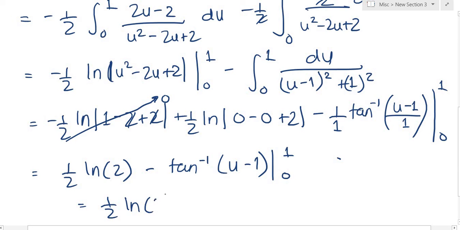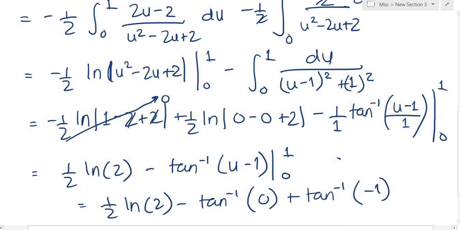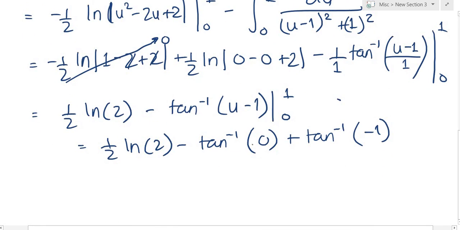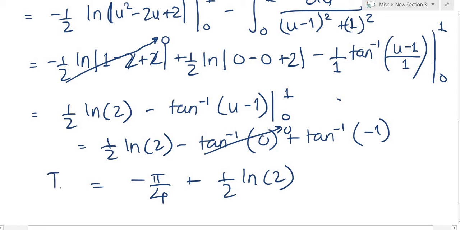Let's finally plug in u equals 1. 1 minus 1 is 0, and then minus minus make it plus, so plus inverse tangent of, when I plug in 0, I have a negative 1 here. The inverse tangent of 0 is 0. The inverse tangent of negative 1 is negative pi by 4. And I have plus half the natural log of 2. That's precisely our I2.